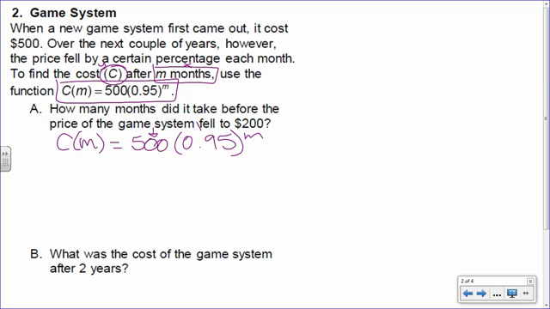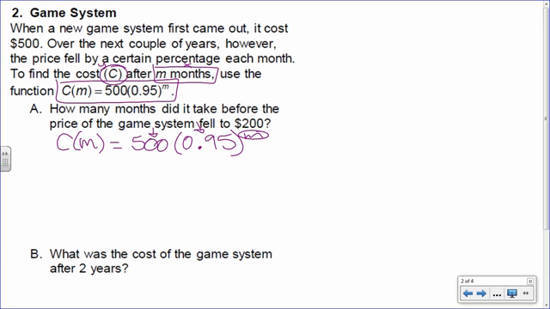And the 0.95 represents the decrease in price. So every month, the game is losing 5%. So because of that reason, we have 0.95.